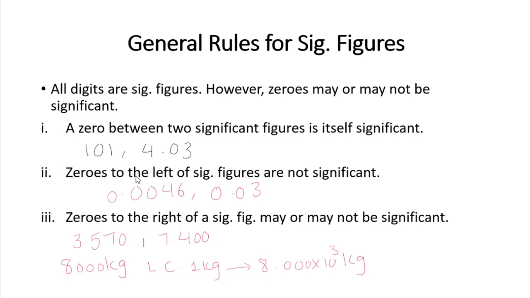But if the least count of the scale is 10 kilogram, for example, then we can write this number like 8.00 times 10 to the power 3 kilogram. So the significant figures will be 3 for this least count.